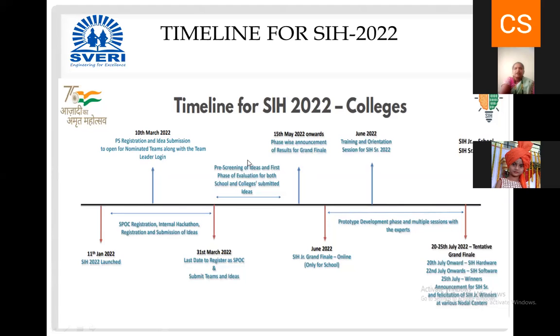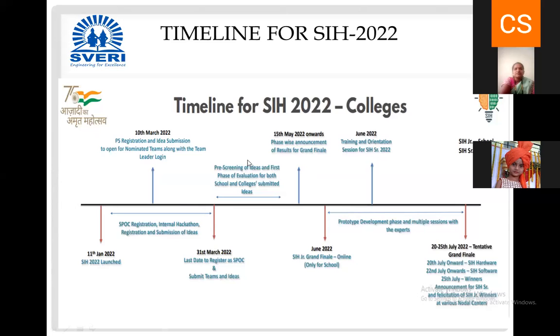Okay, and after the evaluation, which the jury members will do, those teams are shortlisted. How many teams are we going to shortlist? Anyone? 15. Yes. Yeah, 15 teams we are going to shortlist. So out of 15, 10 teams are nominated and 5 are on the waitlist.